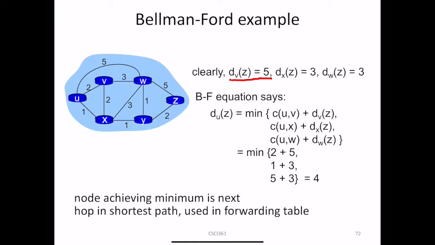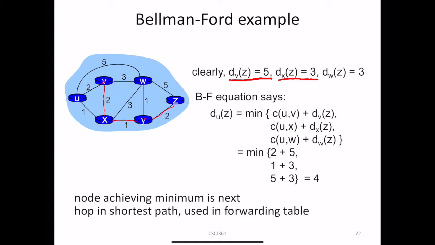This path is from V, X, Y, and Z. If you add all the costs together, you will get a result of 5. And from X to Z the cost is equal to 3, via this path, X, Y, and Z. You can see 1 plus 2 equals 3.